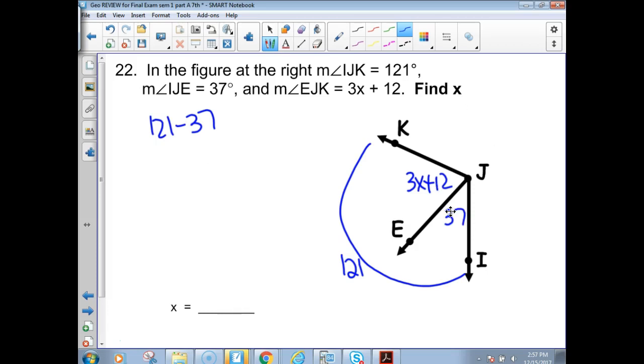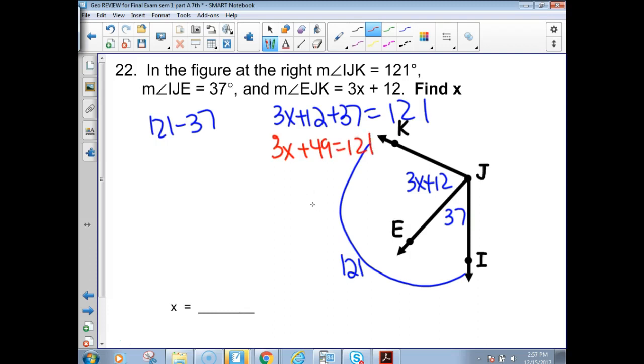Either that or we got to add those two. 3x plus 12 plus 37 equals 121. So you got choices on how you approach the problem. Either way, we should get the same end result. What is 121 minus 49? So I got 3x equals 72, and they should be getting x is 24.